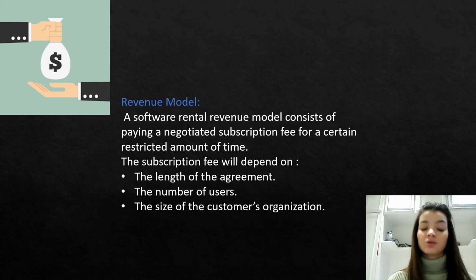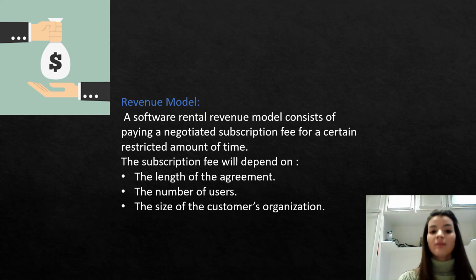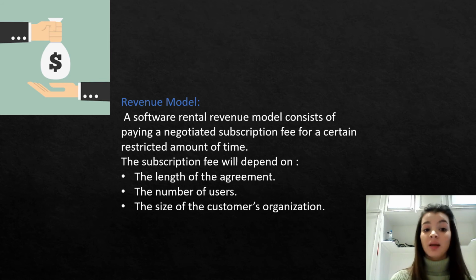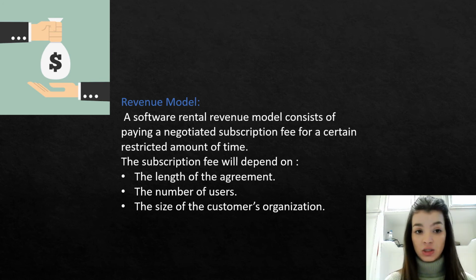To set the subscription fee, it will depend on a number of things, and these are the length of the agreement, the number of users, and the size of the customer's organization.